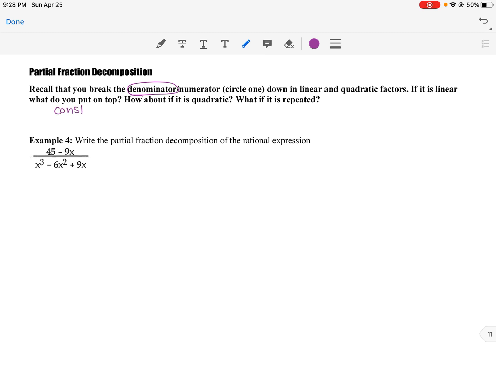If it's a linear, you put a constant on top, such as a. If it's a quadratic, you put a linear on top, such as ax plus b. If it's repeated, then for something like x plus 1 squared, you're going to break it down into x plus 1, but it's still a constant. You have x plus 1 squared.